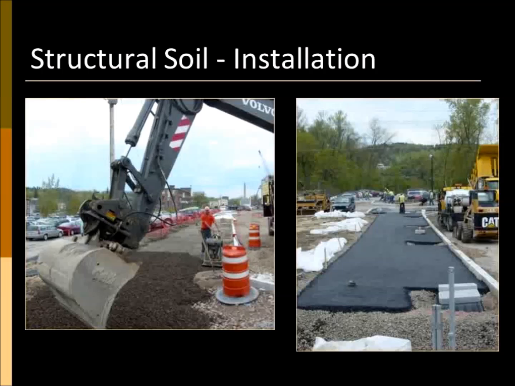So you compact it in lifts, I think 10-inch lifts, and then when you get up to your top course, in this case you'll see to the right there is asphalt that's going in, and those openings you see is where the trees actually go in, okay?